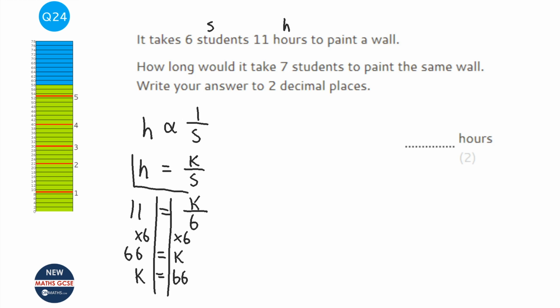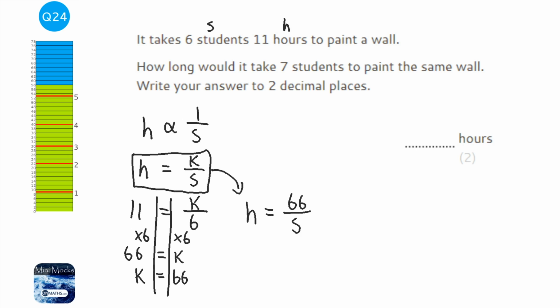Then when I go back to this equation here, we know what K is, and K is a constant, so it's always going to stay the same. So it's 66 over the number of students. For our example, there are 7 students, so H is going to be 66 over 7.